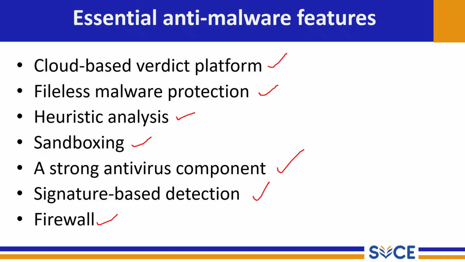And signature-based detection is widely considered one of the oldest, tried and true forms of malware detection available. The reason it has stuck around so long is because it works. Each virus has its own unique digital code.